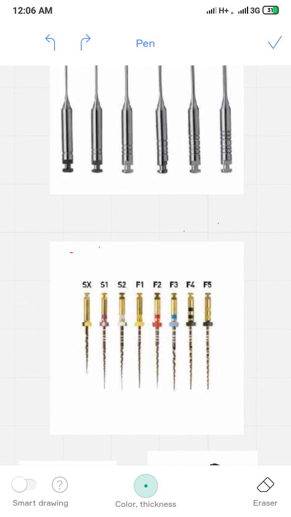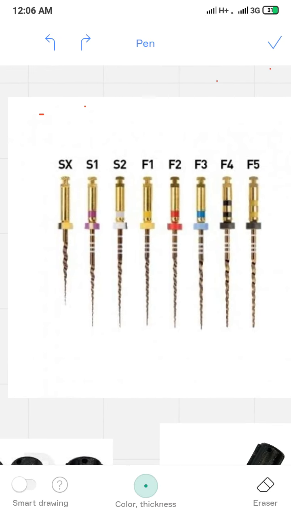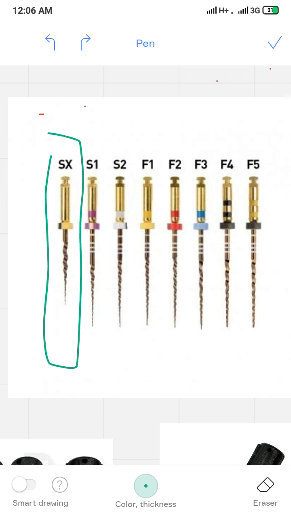Alternatively, you can use this orifice opener. Every rotary file system usually has an orifice opener. For example, this is ProTaper, and ProTaper has this file called SX.